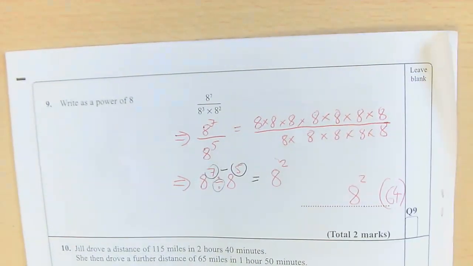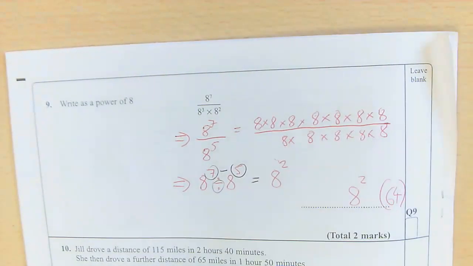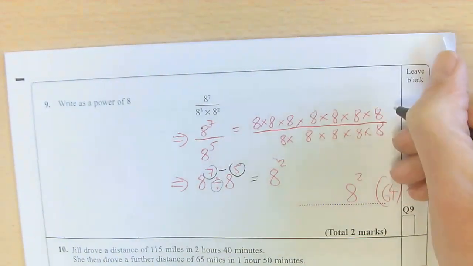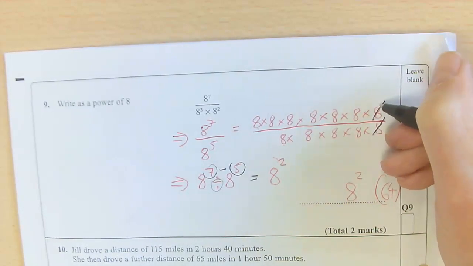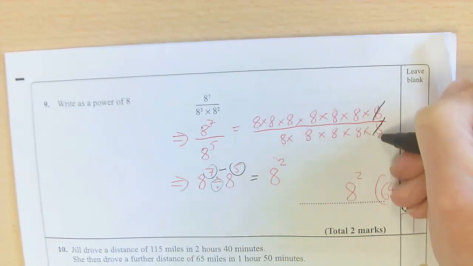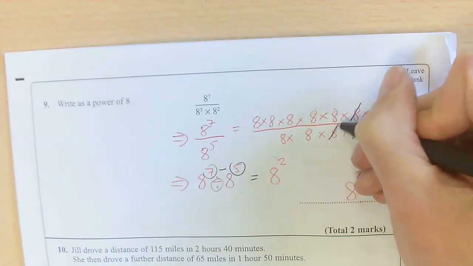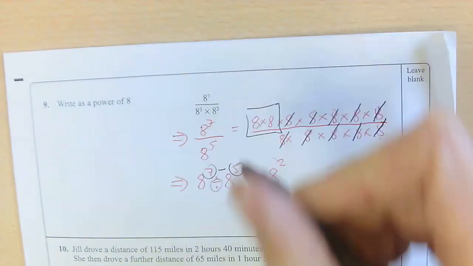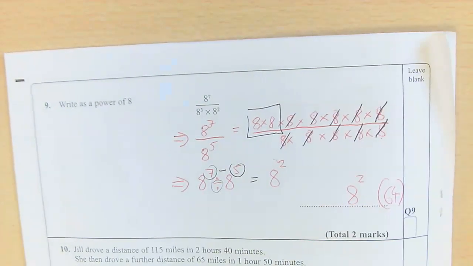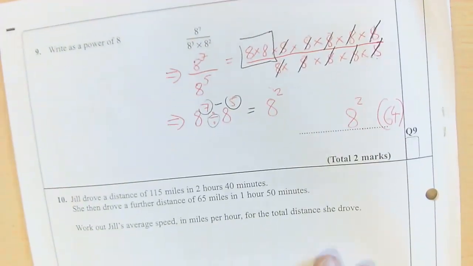And what we're doing here is cancelling out above and below. If 8 goes in the top and the bottom, then it's basically 8 divided by 8 is 1, so they cancel down. We're left with 8 times 8, which is 64.